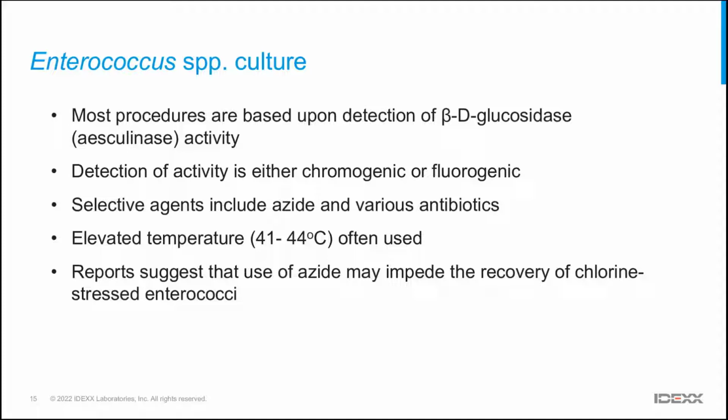Selective agents that are used are azide and various antibiotics, usually in combination with elevated temperature to act as further inhibitors to non-target organisms. There are reports, however, that the use of azide may impede the recovery of chlorine-stressed enterococci, and I'll show you a little data on that subject, and you'll also hear more of it later in this presentation.